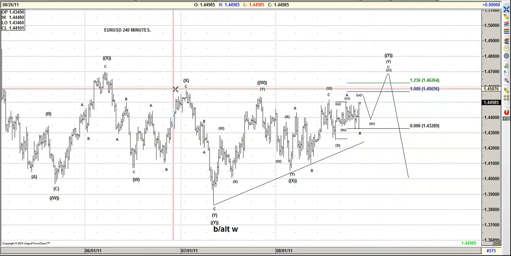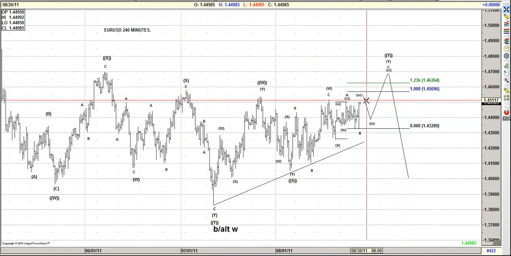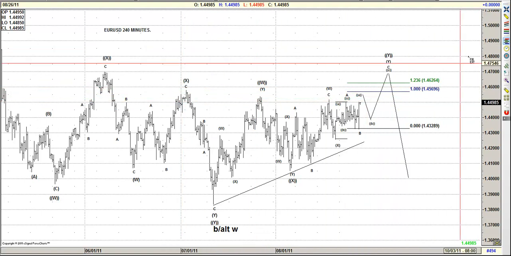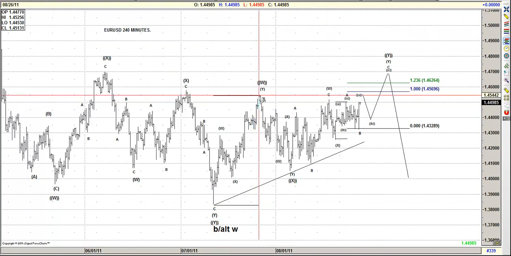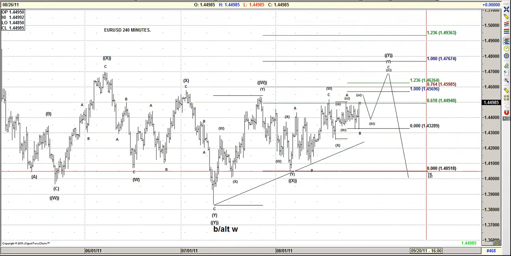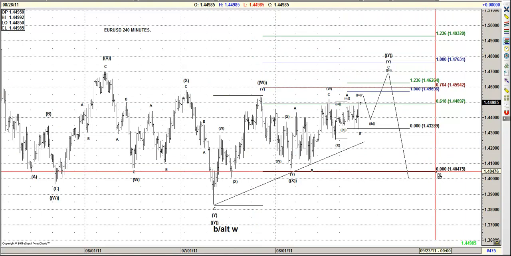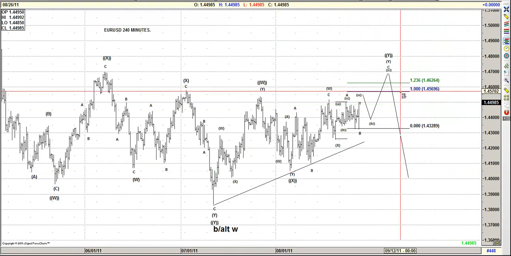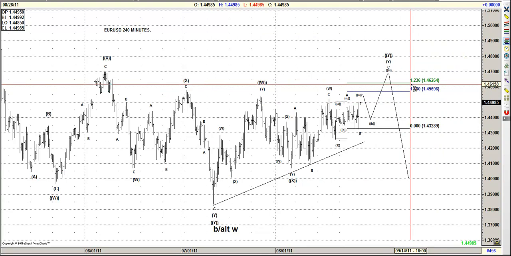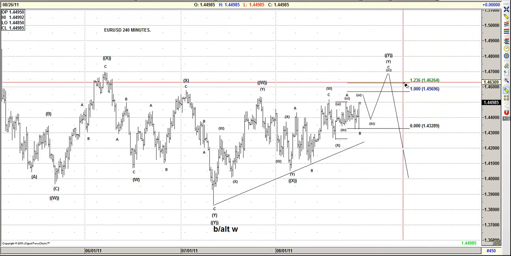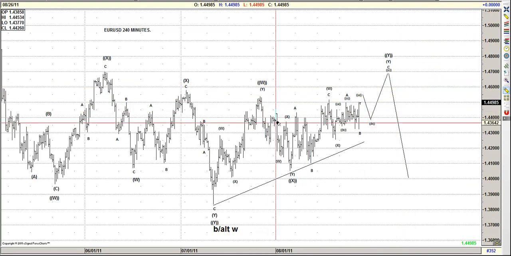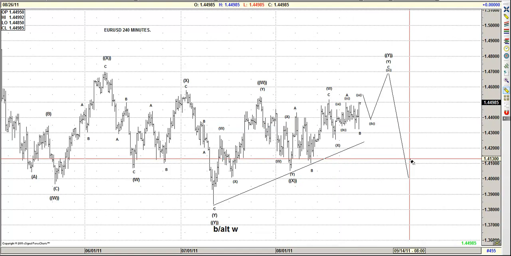Still, the S way, the Y way diagonal triangle is possible, but we should trade higher in the euro to around, I would say, 47.56 or 46.70, 46.26 area.